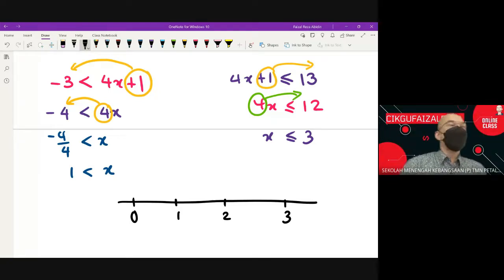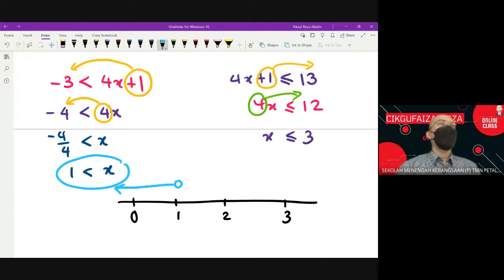The first one, we have x is more than 1.